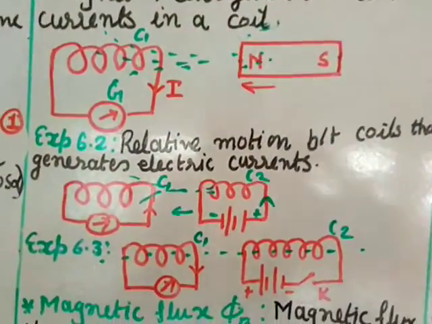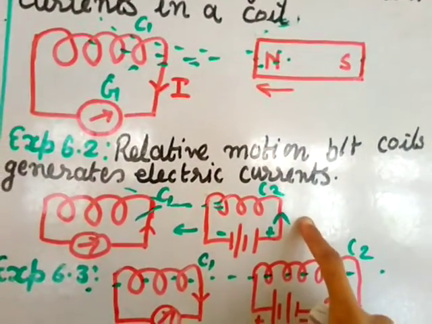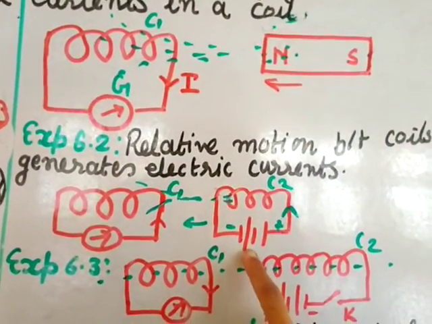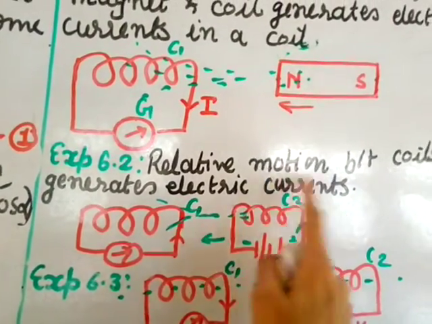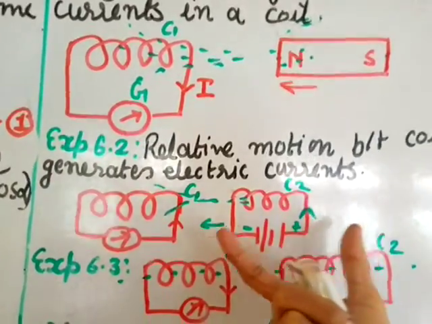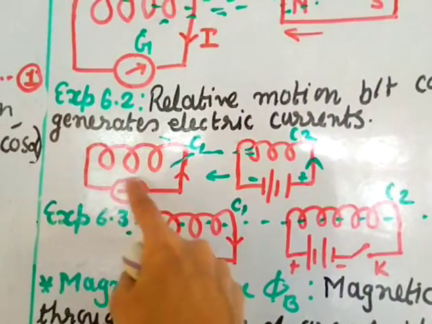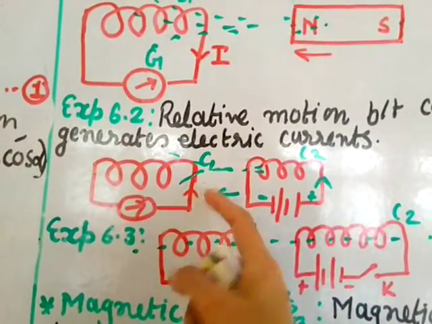Experiment number 2. In this, they replaced the magnet by another coil, which had a battery connected. The first coil is called C1 and the second coil C2. C1 is kept stationary and C2 is brought closer. When they brought it closer, they found a deflection in the galvanometer, which shows the presence of current in the coil in one direction.